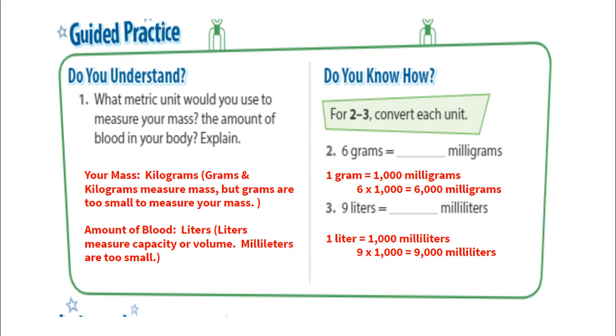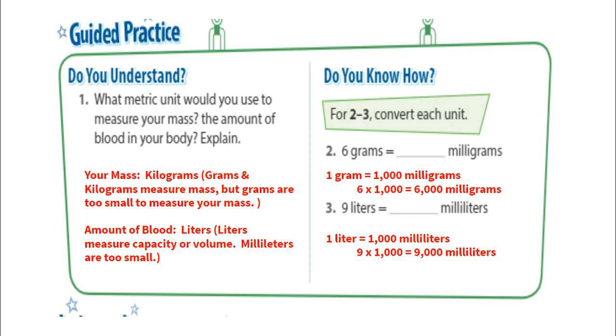Let's look at number 2 and 3 on how do you know. The directions say, convert each unit. Number 2, 6 grams equals how many milligrams? Well, we know 1 gram equals 1,000 milligrams. We have 6 grams, so we need 6 times 1,000, or 6,000 milligrams.